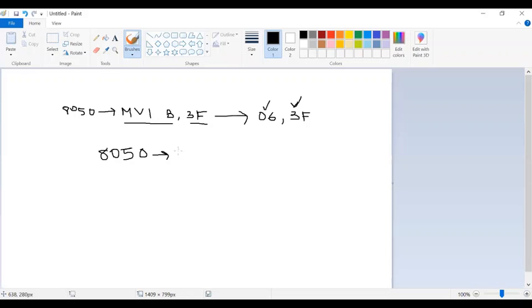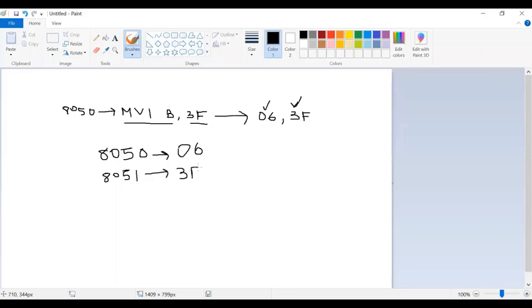So 06 will be stored over here. The next memory location is required to store the data part or operand part. So at the 8051 memory location, what you need to store is 3F.